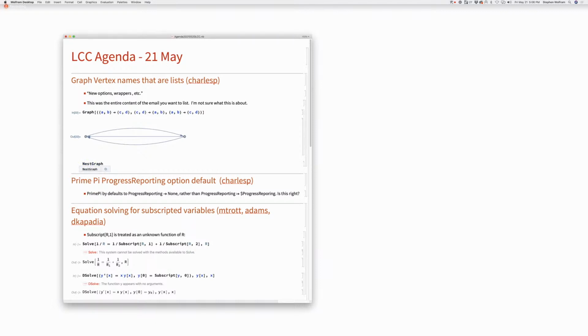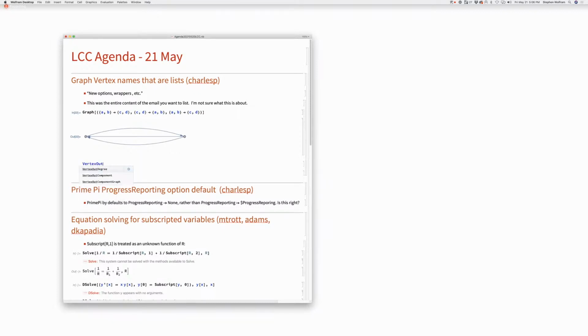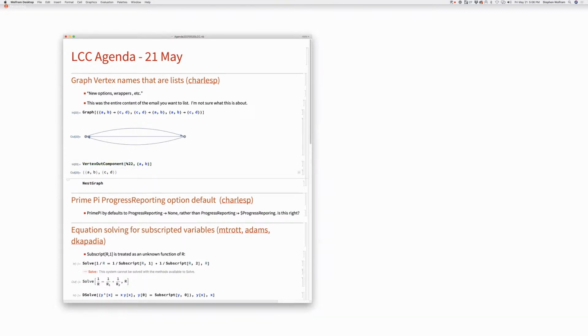When you have a function which needs to take a vertex, for example VertexComponent or OutComponent. Okay, let's take this graph here, and we say VertexOutComponent of %22, and now we say list AB. Did that work or not? Yeah, in this case, that worked.